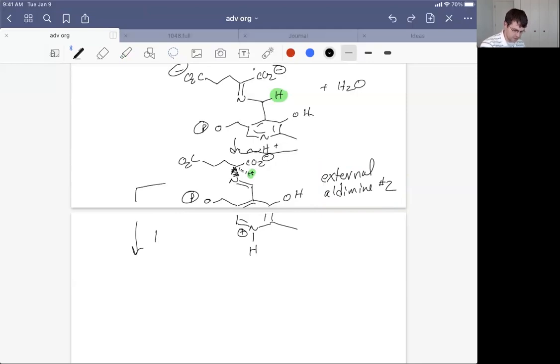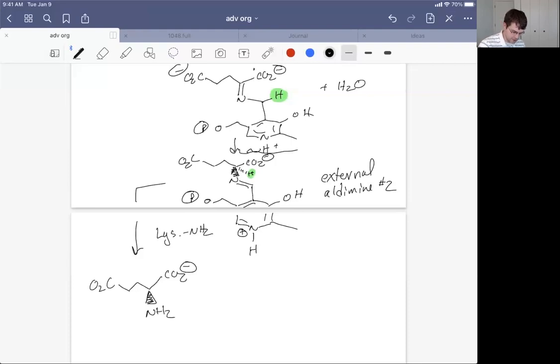Actually, it doesn't react with water. It can react with water to release the PLP aldehyde. What it probably reacts with is lysine attached to an NH2 to do a transemanation, resulting in an alpha amino carboxylic acid.